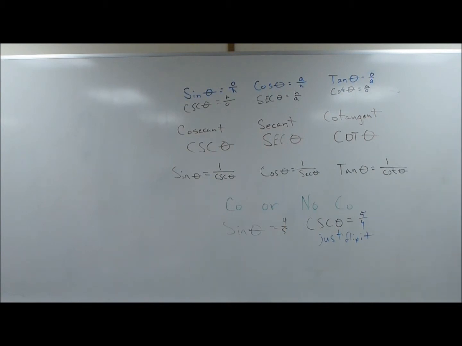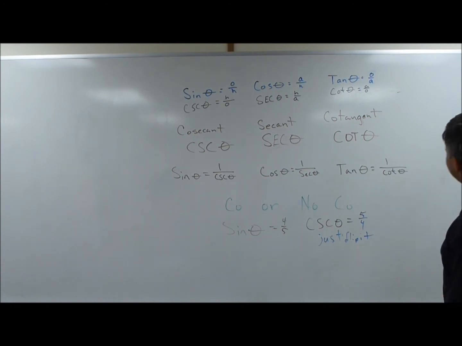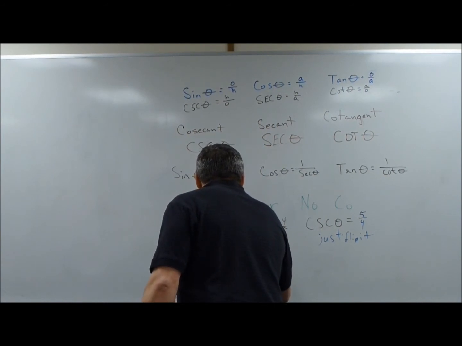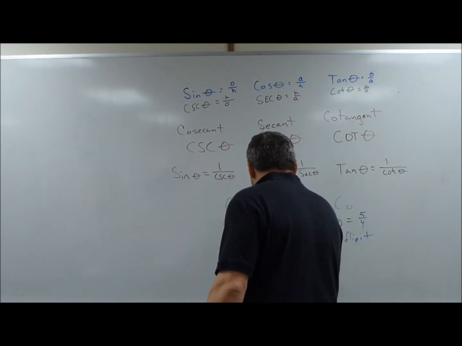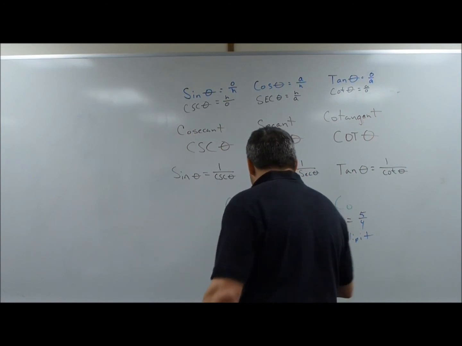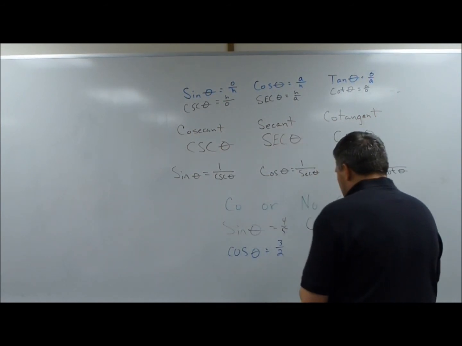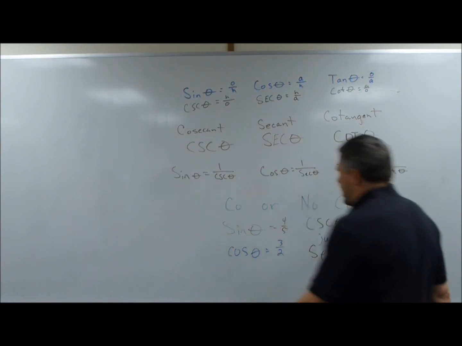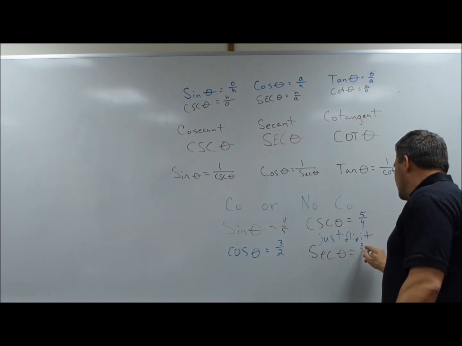We just flip it. It's only an inverse. Same thing. If cosine of theta is 3/2, and I want the secant theta, then I flip it.